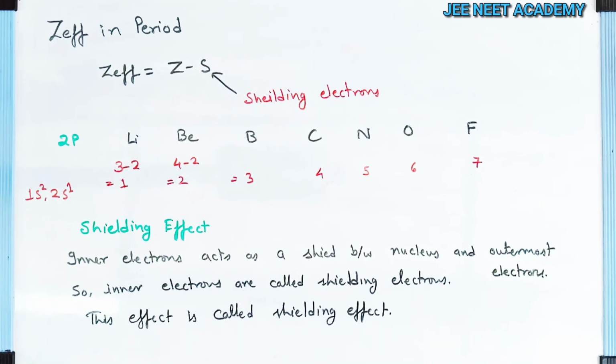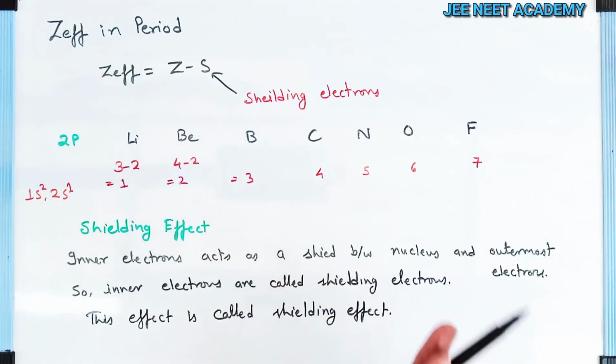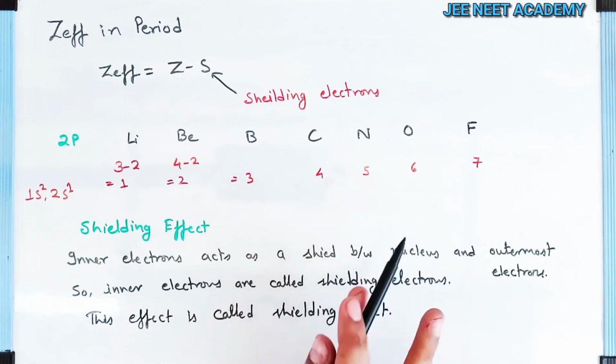So from this whole discussion, in a very short way we can understand that Z effective in a period is increasing from left to right. In a group from top to bottom, mathematically it will come the same, but it is decreasing.